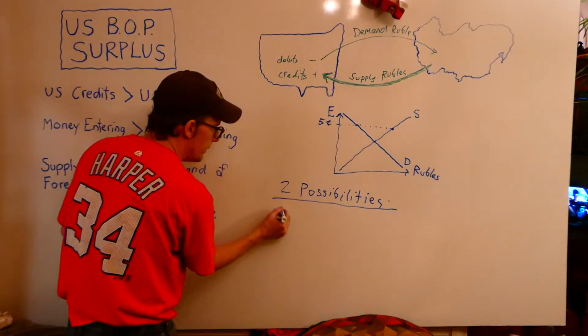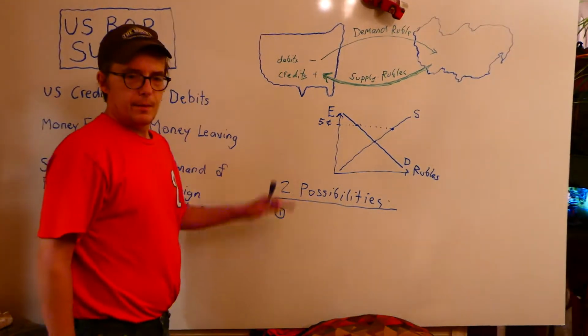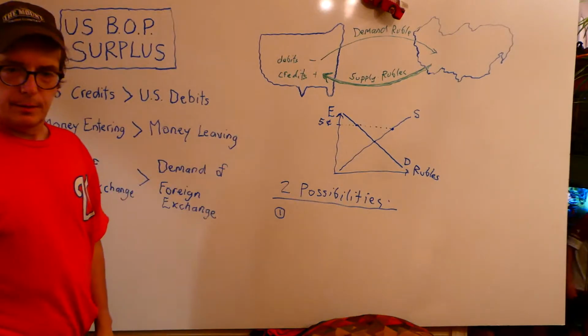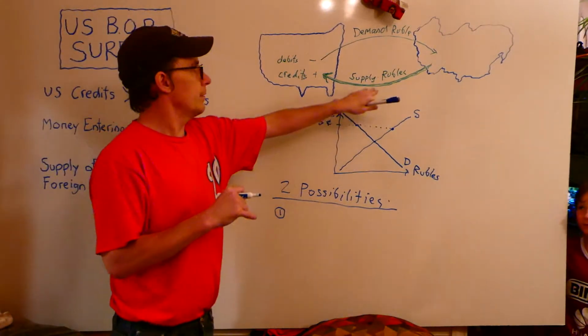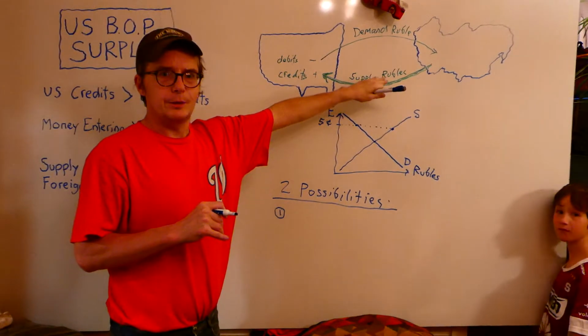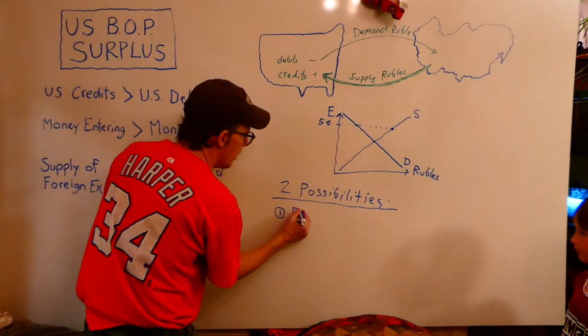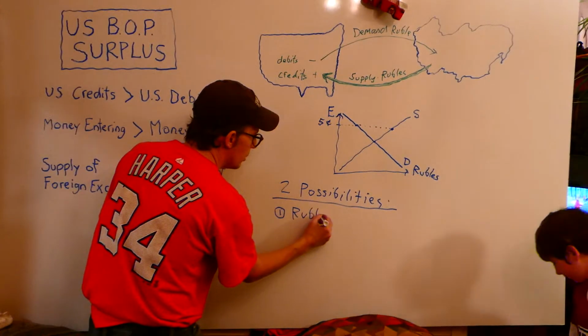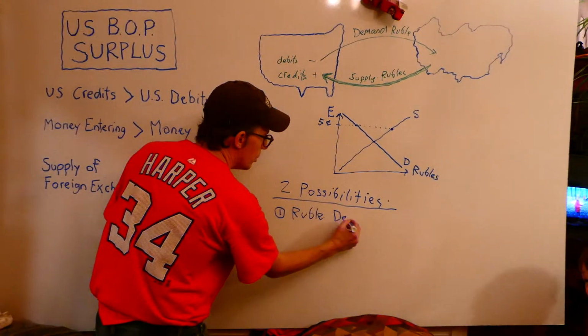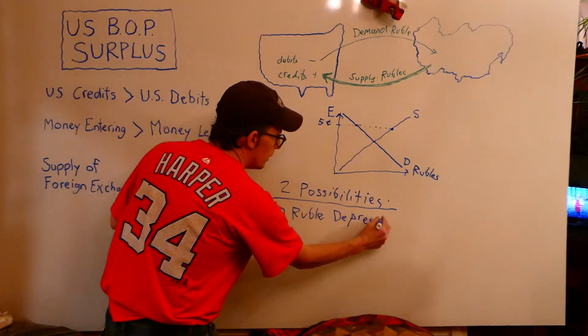One would be do nothing, and the ruble is going to depreciate, because nobody wants it. They're all trying to dump it, get rid of it, go to America. So the ruble would depreciate, lose value. The price falls.